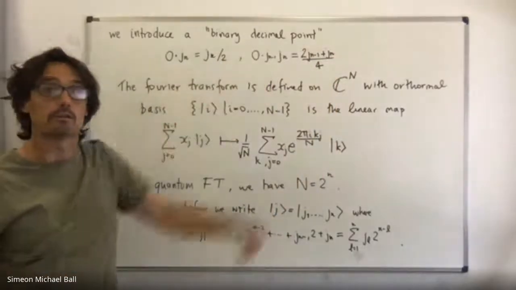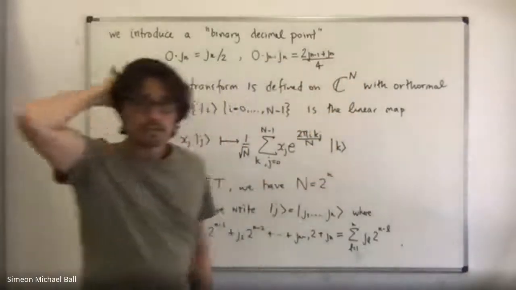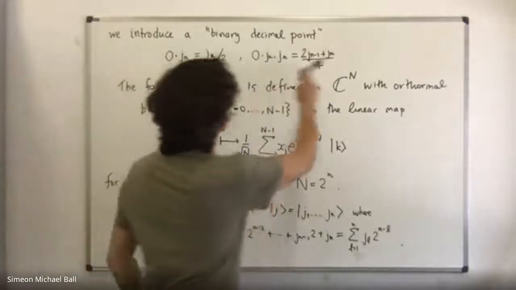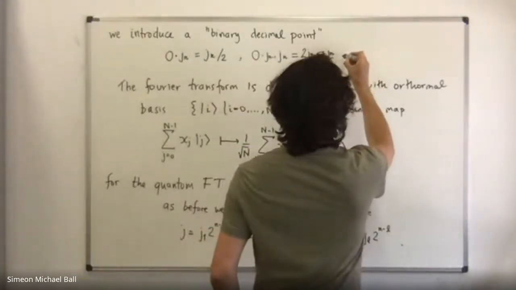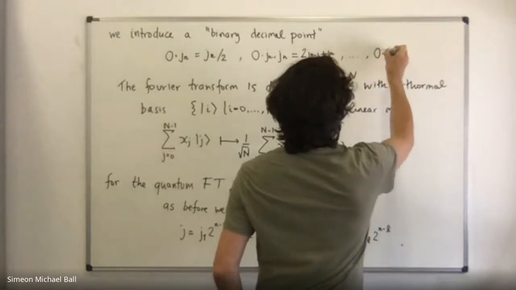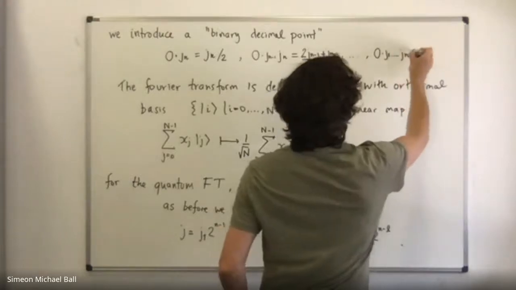Okay, so in that way you can write out numbers between 0 and 1 as binary expansions, maybe infinite. And if we go on here, we get to 0.j_1 up to j_n.